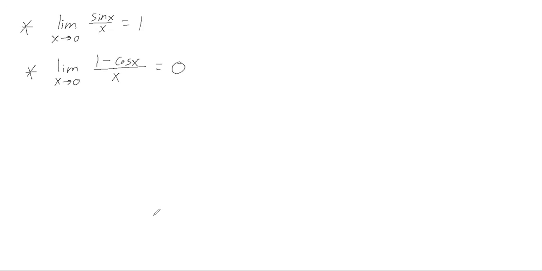So memorize those two. How are you going to use them? Well, for example, suppose you have the limit as x approaches 0 of 4 times the sine of x squared over 5x squared. Well, I could do a rewrite.